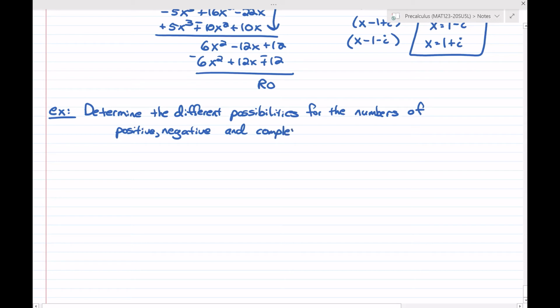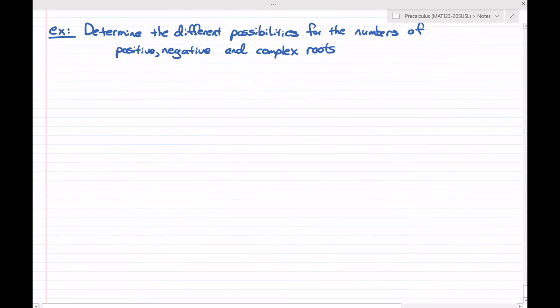So really this is just the first 2 stages of the rational root theorem. I just wanted to go over these a little bit more in depth. I have 2 examples.